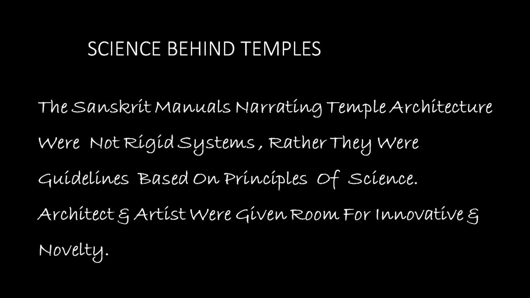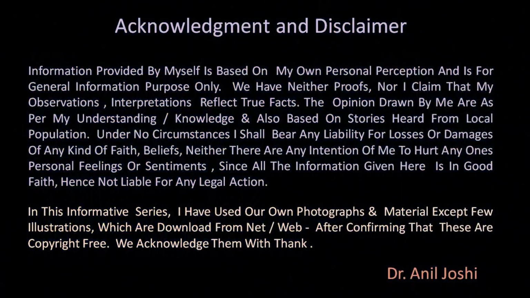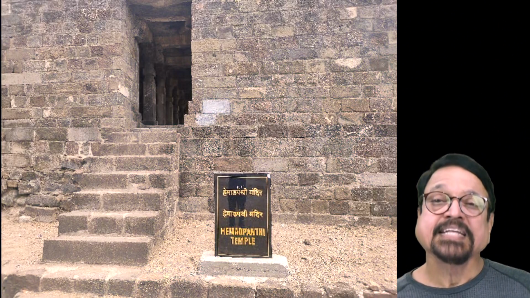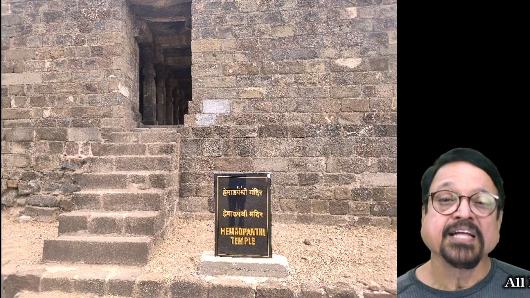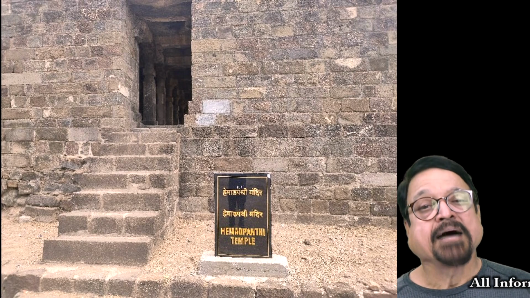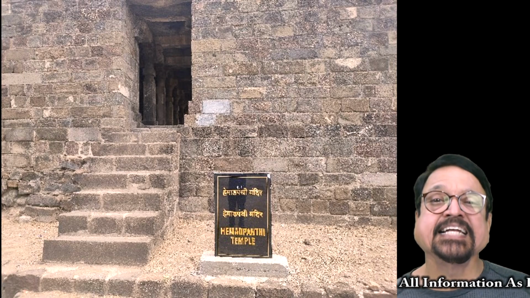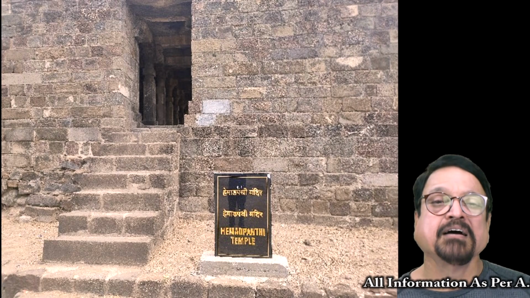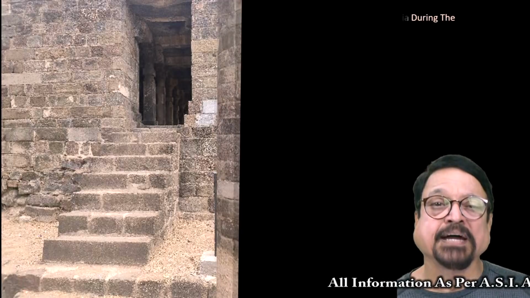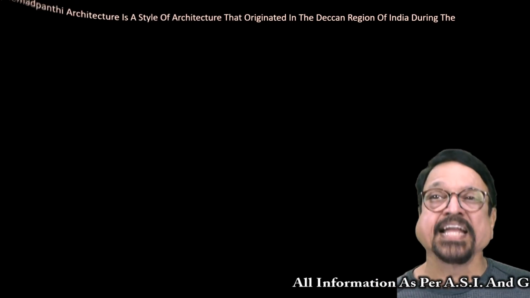So let's get going to today's topic of Hemadpanthi style of temples, with some disclaimer. Now this picture is from the Daulatabad fort. This board is original, stating it was a Hemadpanthi temple, but nowadays it is in partial ruin. In spite of that, we are going to study it.